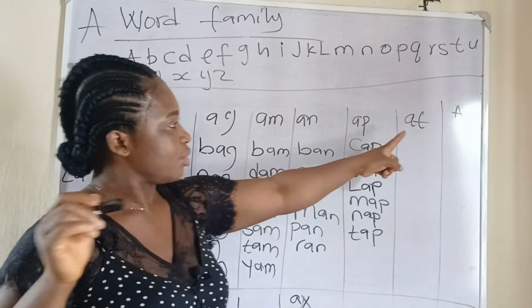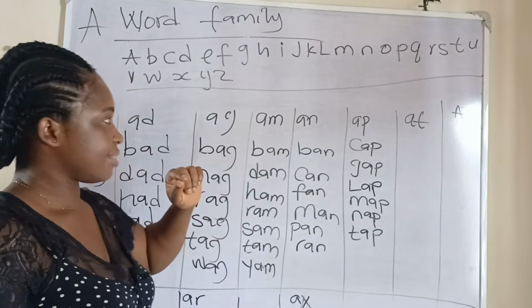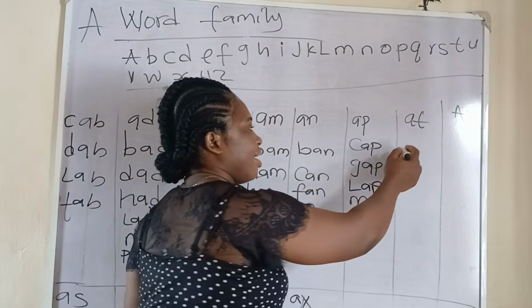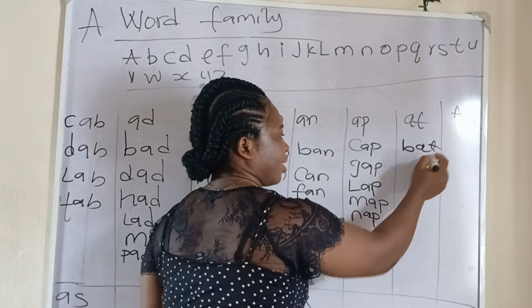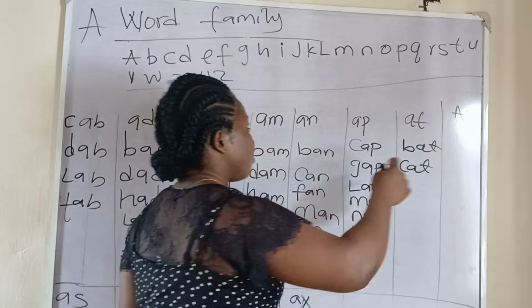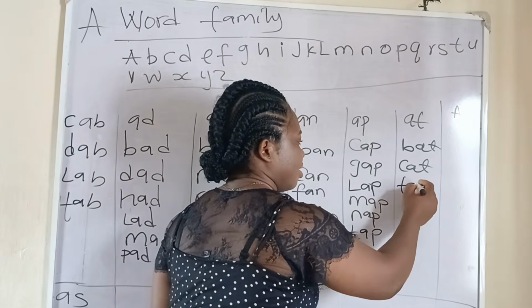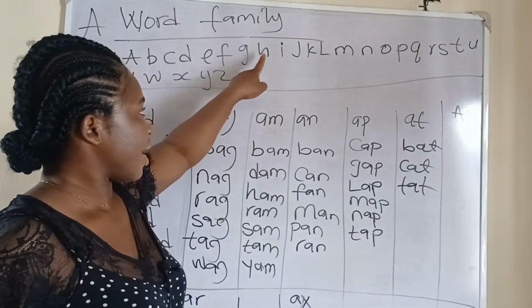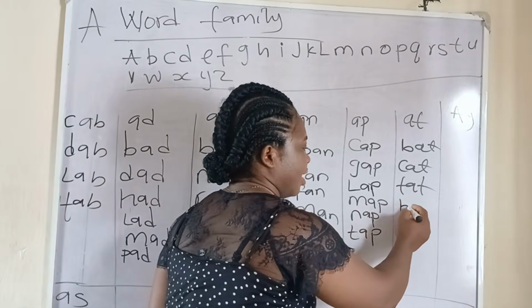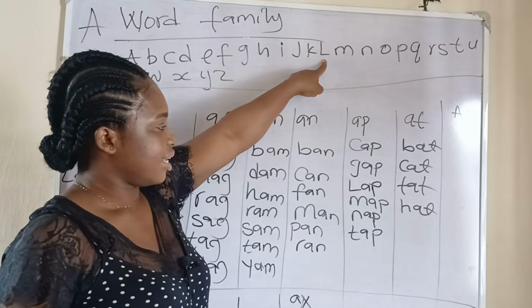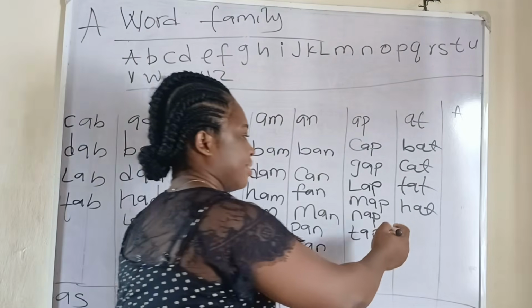And to art, we have bat, cat. We have fat. We have hat, or H, hat. We have I, J, K, L, M, mat.